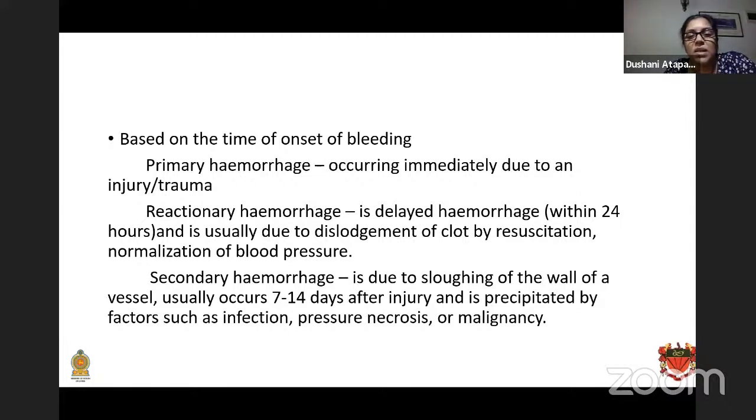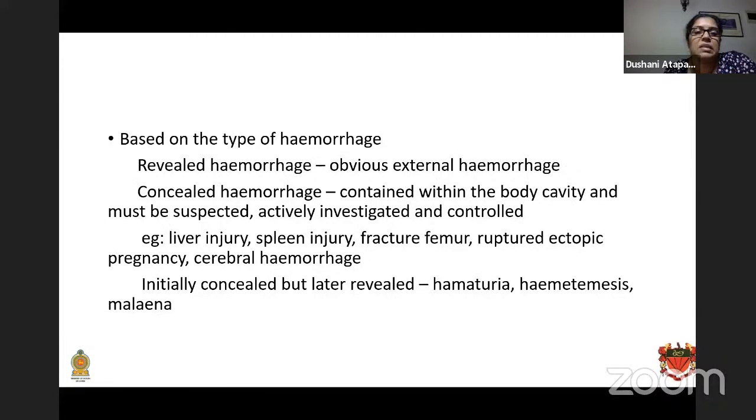Secondary hemorrhage is due to sloughing of the vessel wall. It is a delayed type of bleeding, usually 1 to 2 weeks after the injury, precipitated by factors like infection, pressure necrosis, or malignancy.